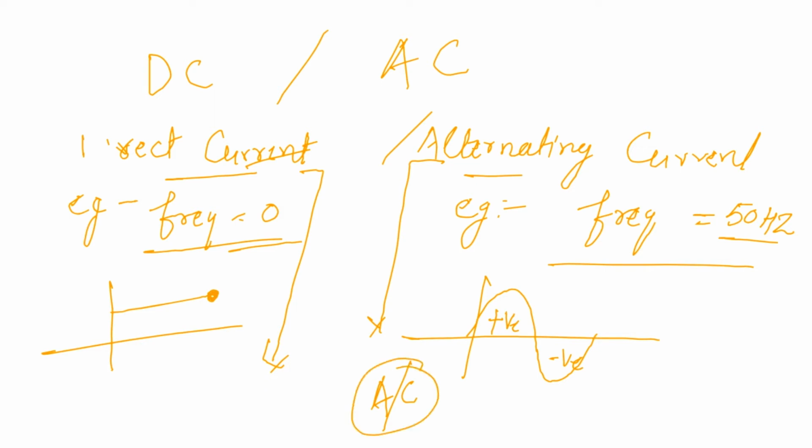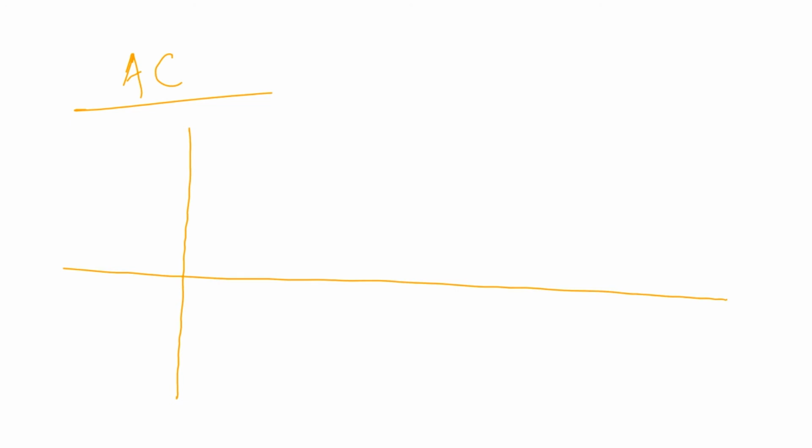We will discuss this in detail. What is alternating current and how can you represent it? We can represent alternating current as a sinusoidal waveform like this.